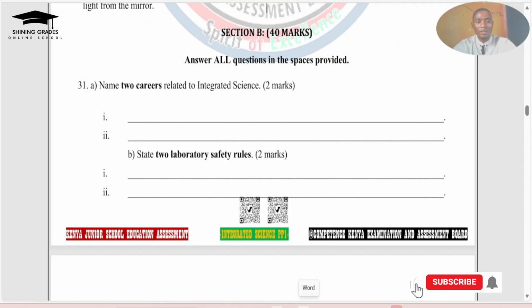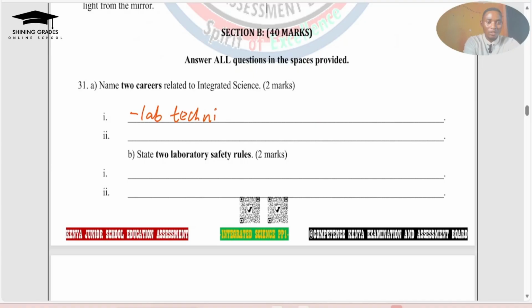Name two careers related to integrated science. So we have several careers that are related to integrated science. One can be a lab technician. One can be a biologist. One can be a chemist.